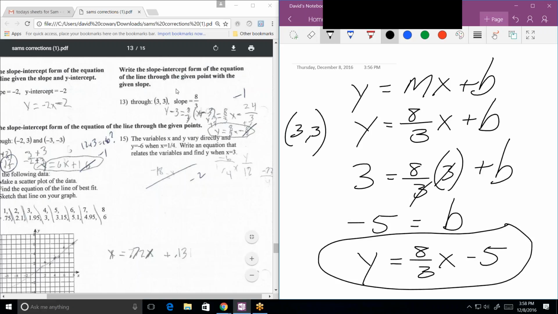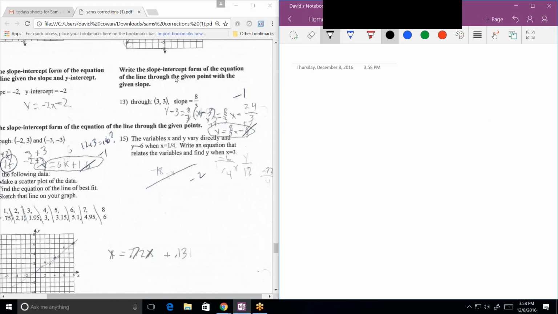Because she requested slope-intercept, this would normally be a good answer, what you gave: y minus 3 equals 8/3 of x minus 3. That's a perfectly acceptable answer normally. The only reason that's not acceptable here is because she specifically asked for it in slope-intercept format, which means this.